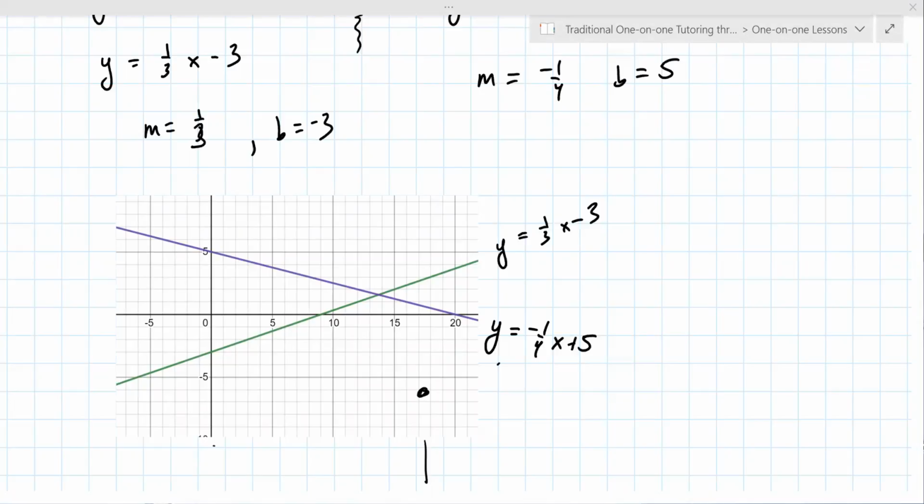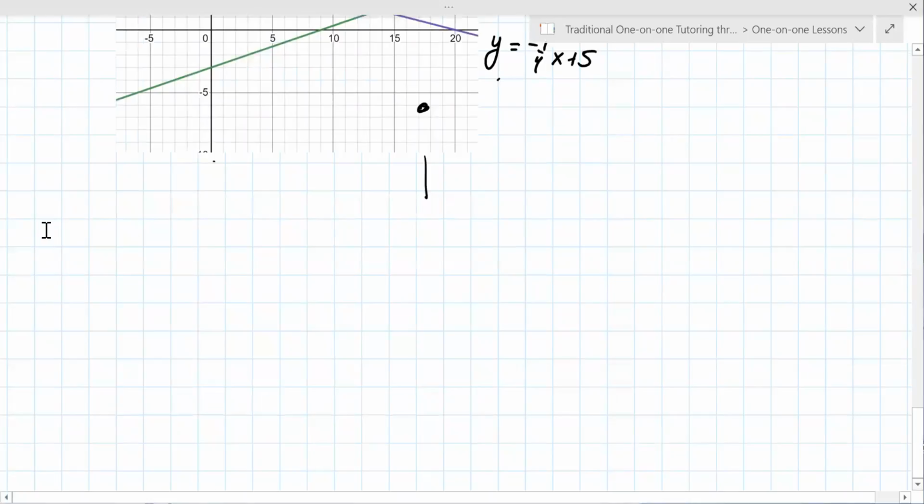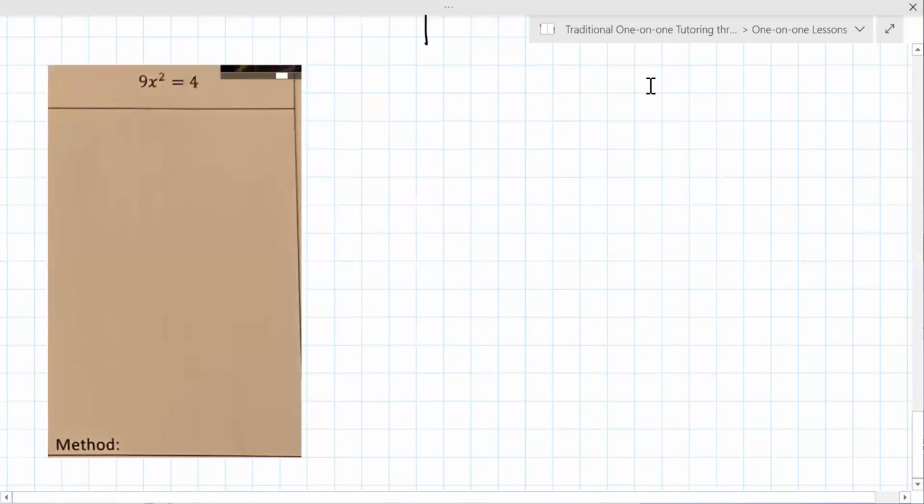All right. So we're going to do number 4 next. Let me snip it in here. The fourth one is 9x squared equals 4.